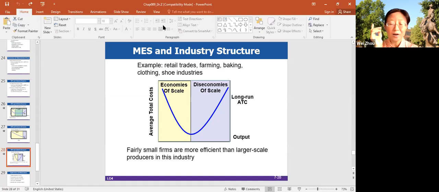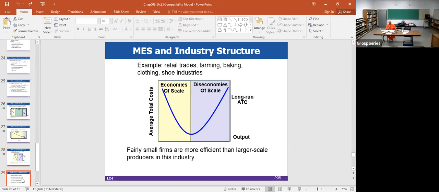So if you are going to walk into a business, you need to recognize how many breads or shoes you're going to make to reach the minimum efficient point. And if that number is pretty small, that means other people can do it. That means you're facing more competition. Okay, can I move to the next one?